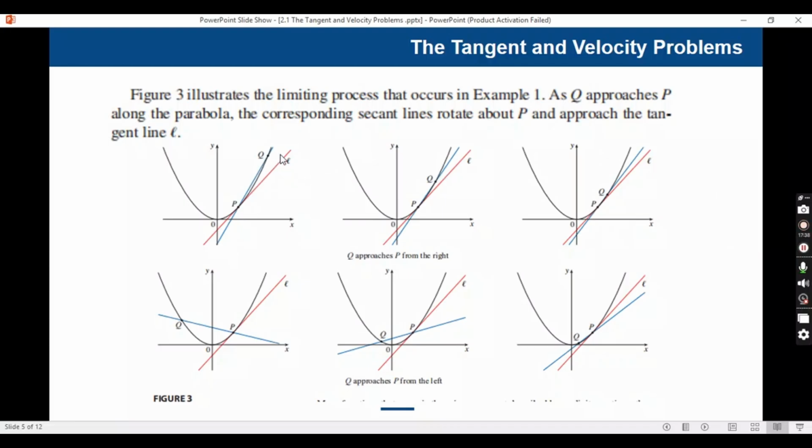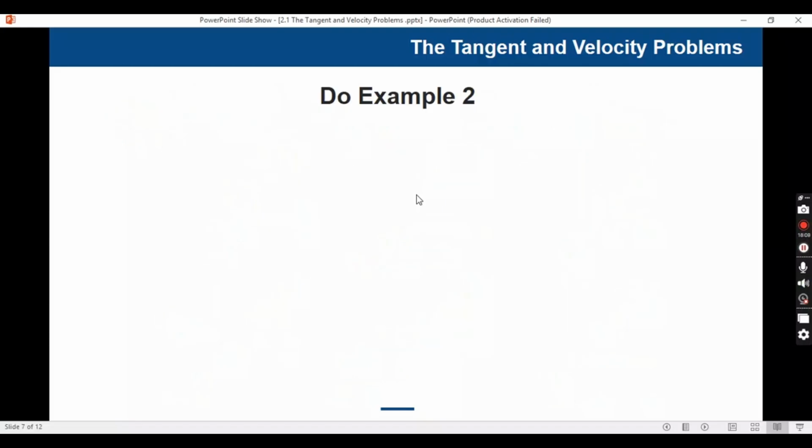Here it's going more to the right, more to the right. Here it's going more to the left, more to the left.